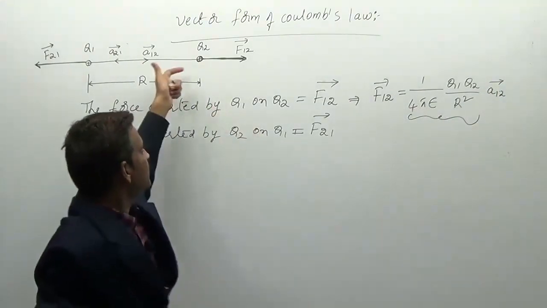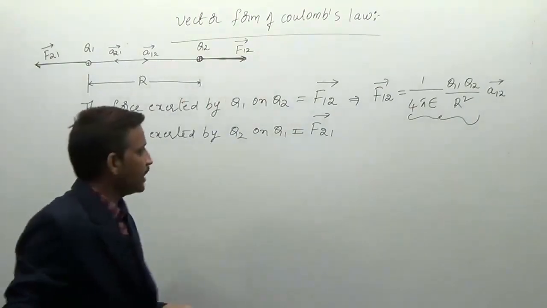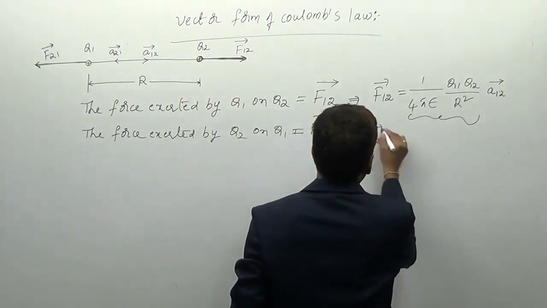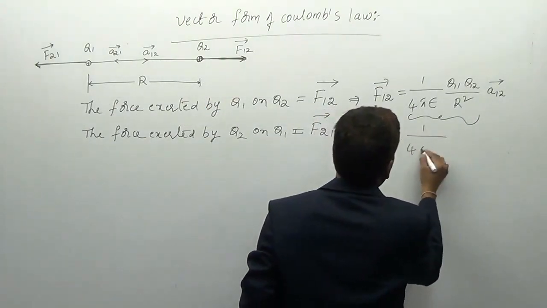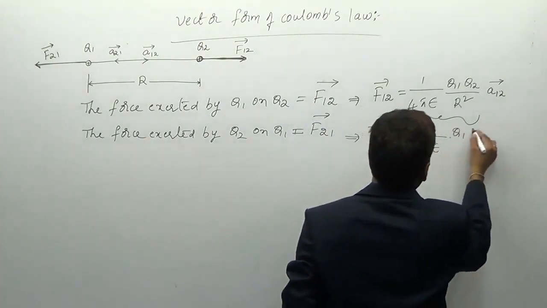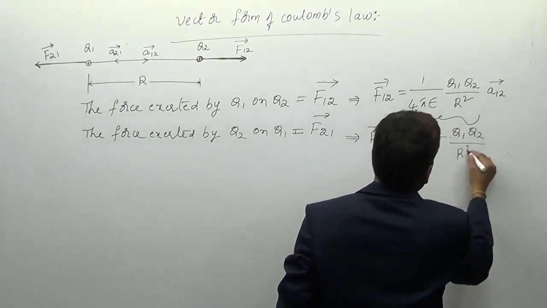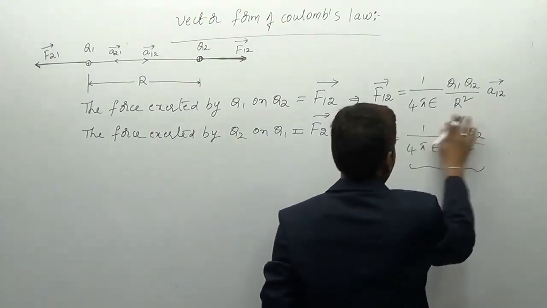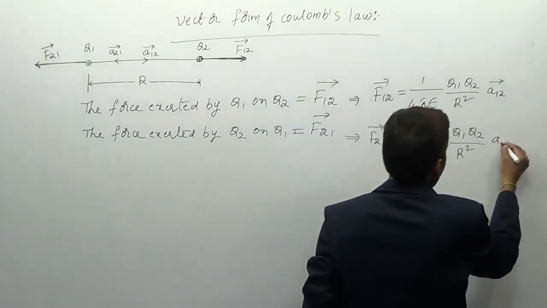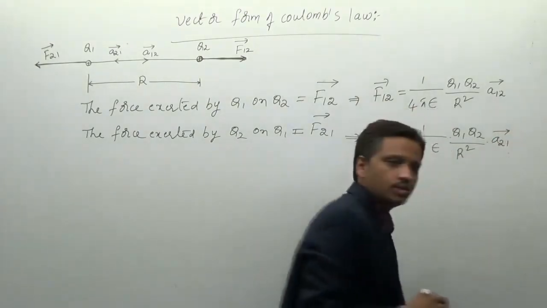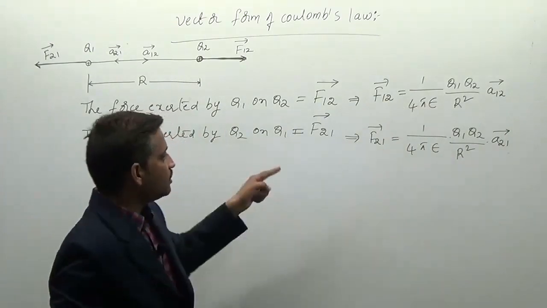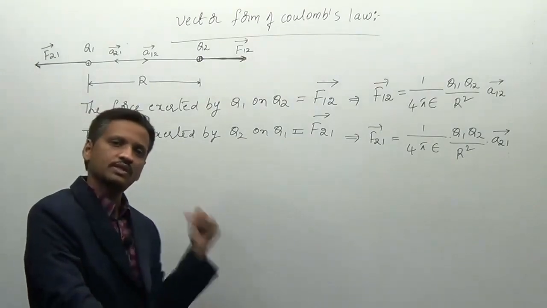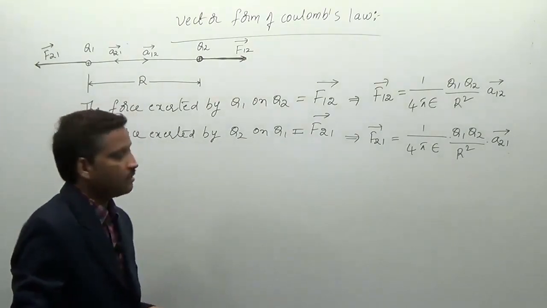Next we can write F21 vector equal to 1 by 4 pi epsilon into Q1 Q2 by R square. Both are the same in magnitude, but this is expressed with A21 vector. A21 is the unit vector in the direction of F21, so in the same direction we have the unit vector A21.